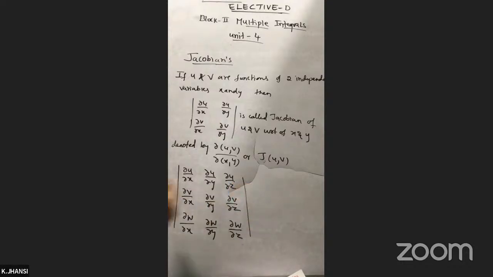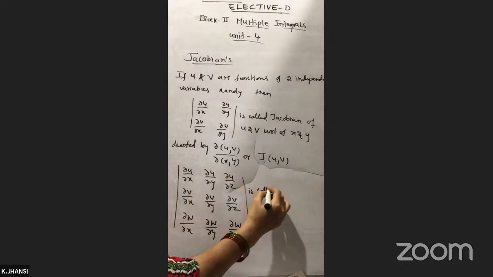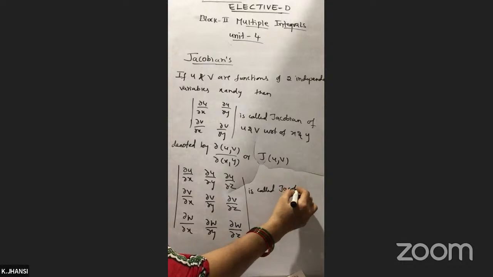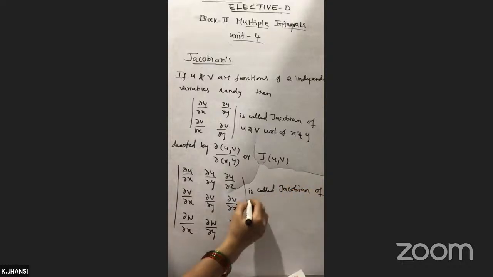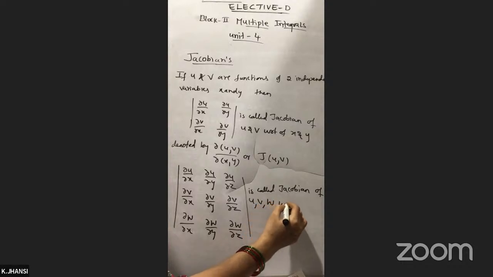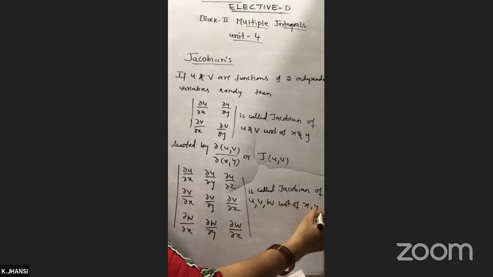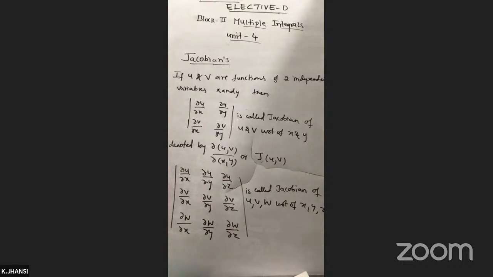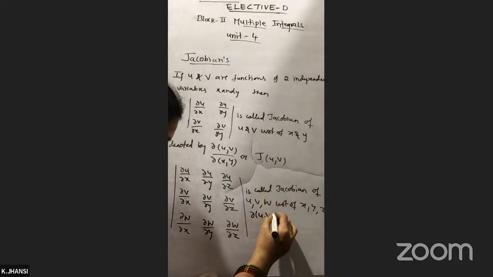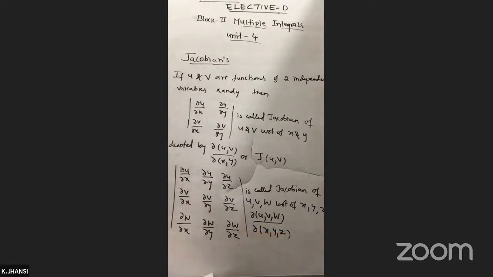Okay, so this is called the Jacobian of u comma v comma w with respect to x comma y comma z, and we denote it as dou of u comma v comma w by dou of x comma y comma z, or J of u comma v comma w.